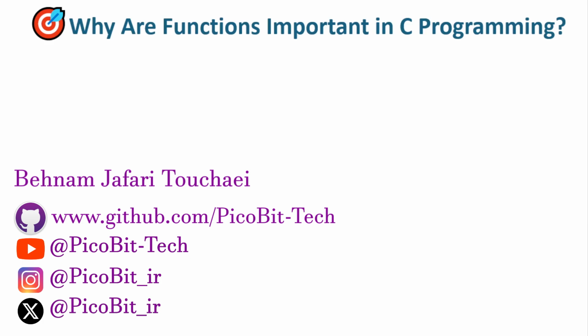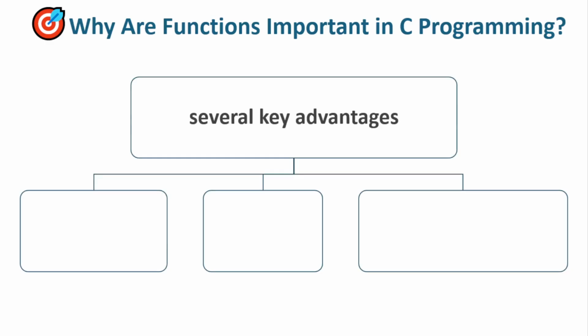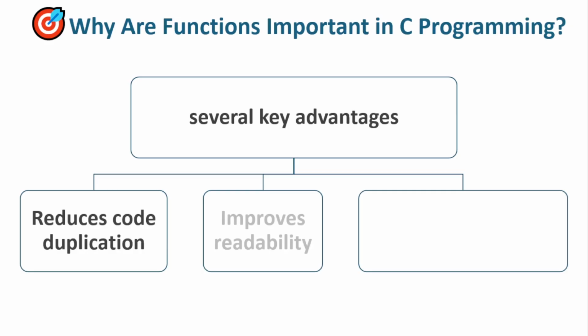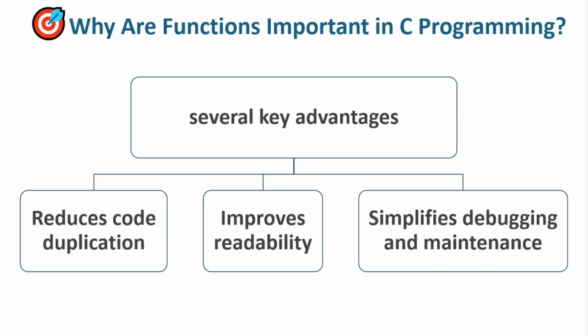This practice offers several key advantages. It reduces code duplication, improves readability, and simplifies debugging and maintenance. A function name serves as an abstraction that represents a group of instructions which may otherwise be repeated throughout the main function.